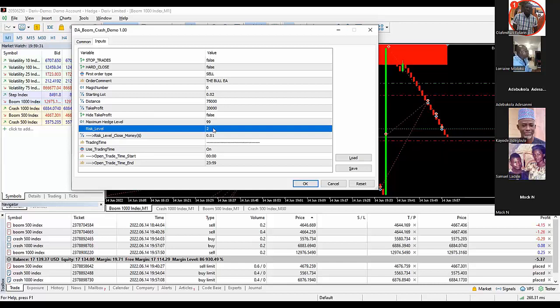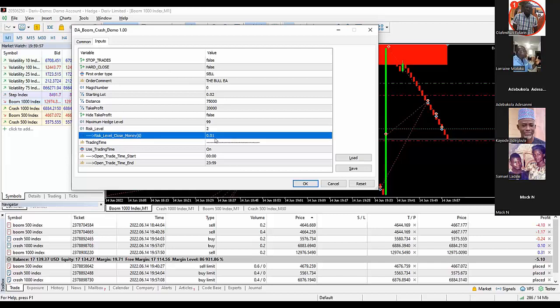So we're telling the software that, look, in boom, we want to sell, and that is the first selling, our objective, our intention. If the market booms against us, and it booms against us a second time, we don't want good profit. What do we want? We just want 1 cent. That's why I put 1 cent here.